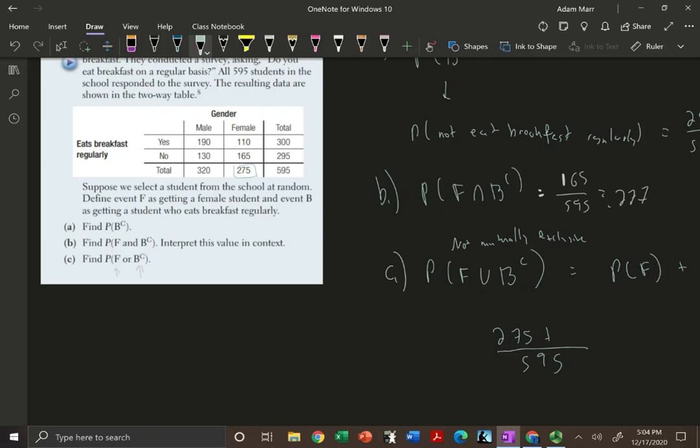Now right here, the people that don't eat breakfast is 295, but we don't want to count those females again, so we're just going to add in the additional 130. So that's going to give us 275 plus 130 is 405 over 595. And that gives us 0.681.